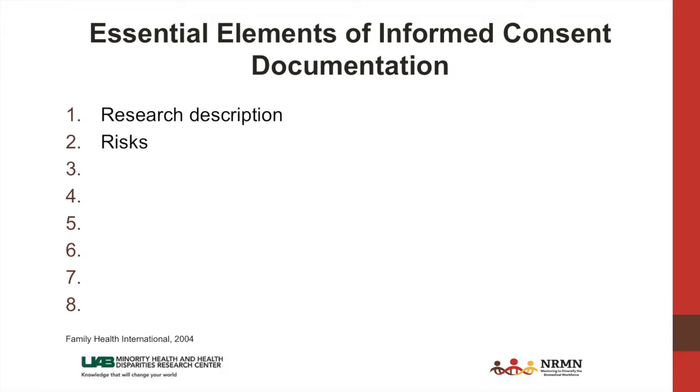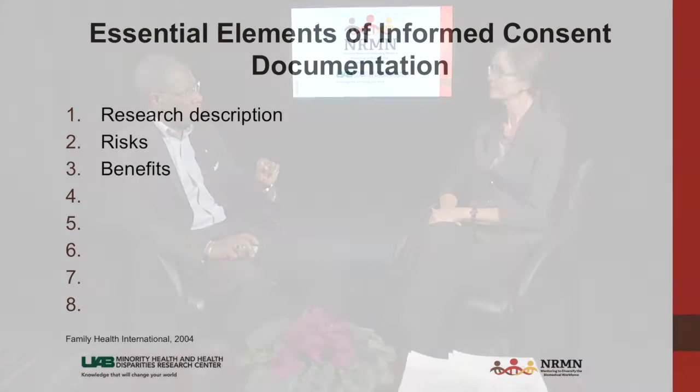Then there's a statement of risks and statements of benefits, if any, because not all of this experimentation has benefits for those who participate in the research. In the long run, it might help other people, but not necessarily the people that participate in the research.